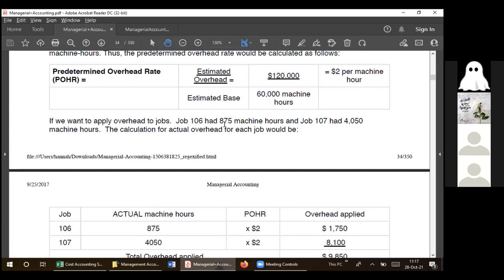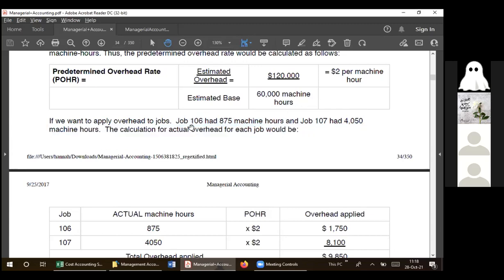Then the company determines that for producing 1,000 t-shirts, we will have to run our machinery for 875 hours. That is job 106, 1,000 t-shirts. We are assuming that, and it says that there are 875 machine hours required to produce 1,000 t-shirts.